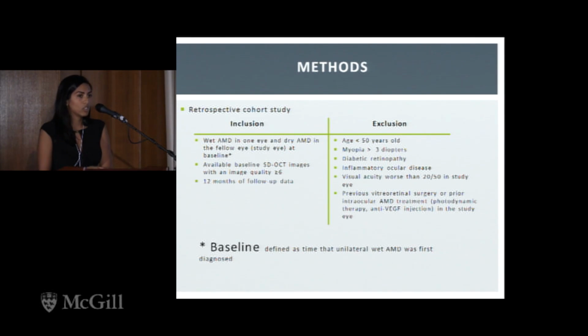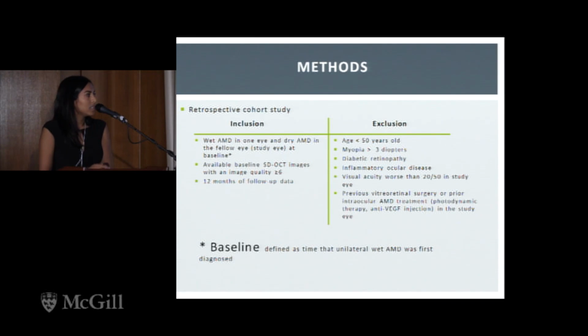This was a retrospective cohort study. It involved reviewing the medical charts of patients from a single retina clinic at the hospital in Kingston, Queen's University. An important part of the patient population that we included is that these patients had wet AMD in one eye and dry AMD in the other eye.